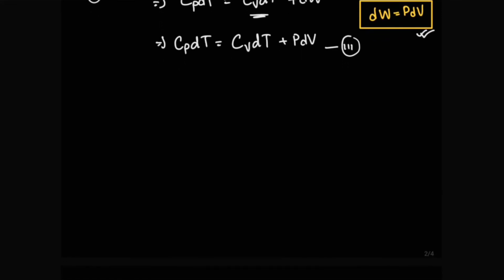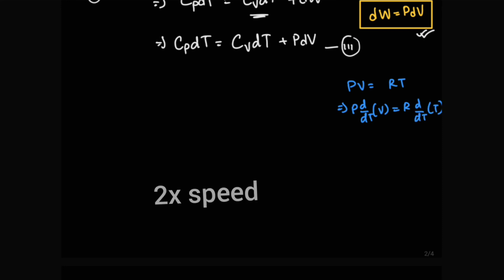From the concept of ideal gases, we know that PV is equal to nRT. Since we are dealing with 1 mole of ideal gas, we can erase this n out. And if we differentiate this with respect to dt, we get that p dV over dt is equal to R times dT over dt. Since pressure is constant, we pull that pressure p out, and we have that p dV over dt is R, so p dV is equal to R dt.